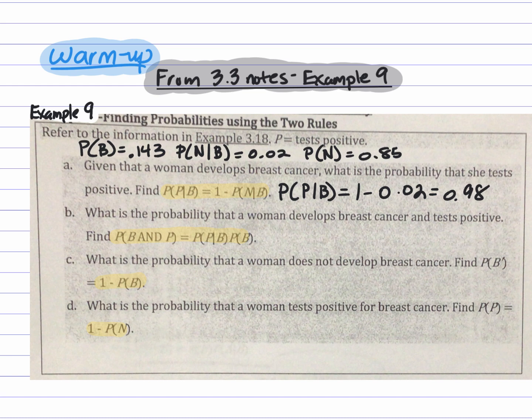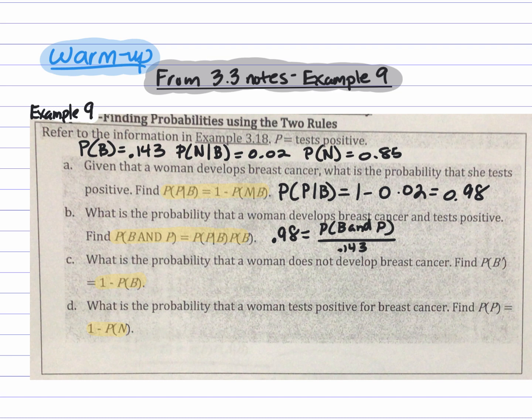Part B, what is the probability that a woman develops breast cancer and tests positive? It tells us to find B and P, and that is equal to the probability of P given B times the probability of B. Since we just found the probability of P given B, we should be able to solve for B and P. So we have 0.98 equals the probability of B and P all over the probability of B, which is 0.143.